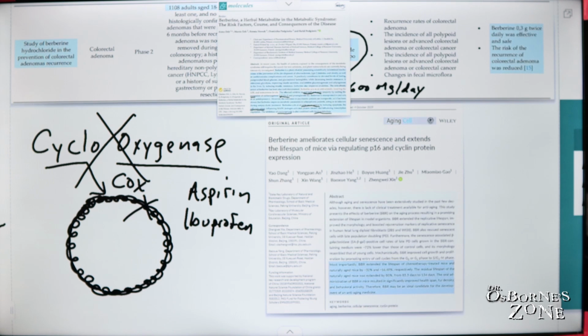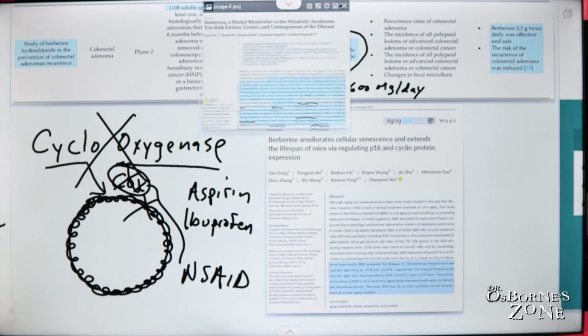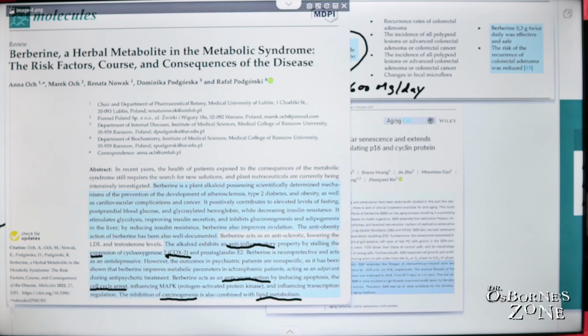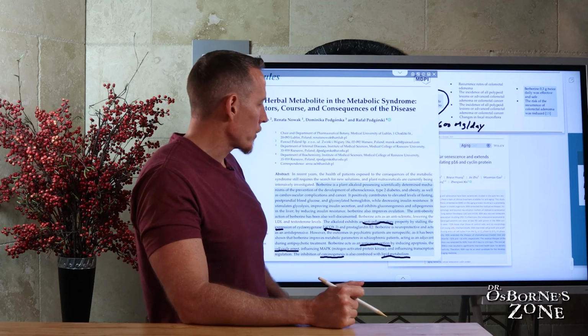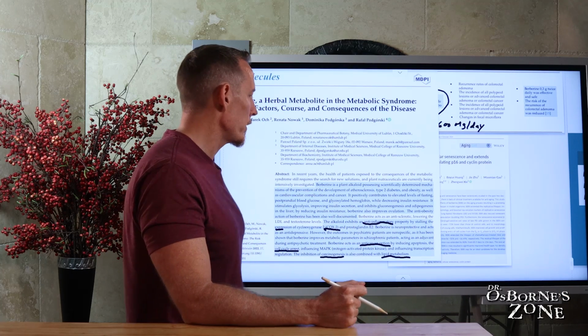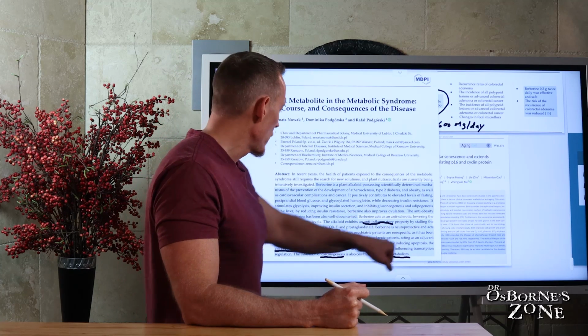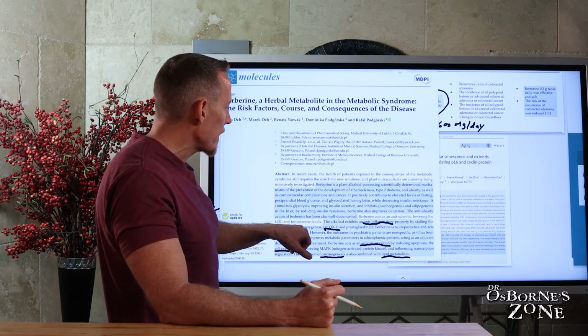So if you've ever been put on an NSAID, a non-steroidal anti-inflammatory drug, these drugs are basically COX inhibitors. And so that's an impact of berberine. It has a natural COX inhibition effect. We also know that it affects prostaglandin E2 production, and again, this also plays a role in the inflammatory cascade. We know that berberine is neuroprotective, and it acts as an antidepressive.